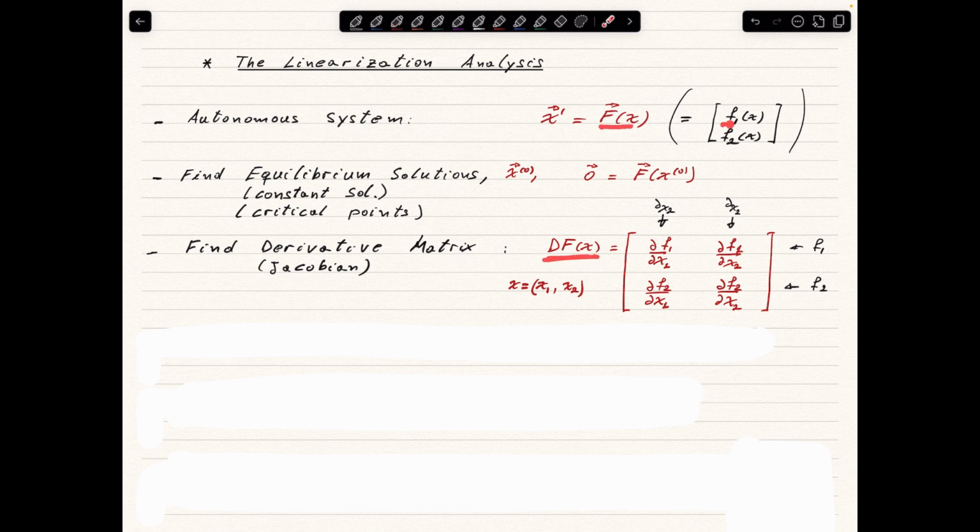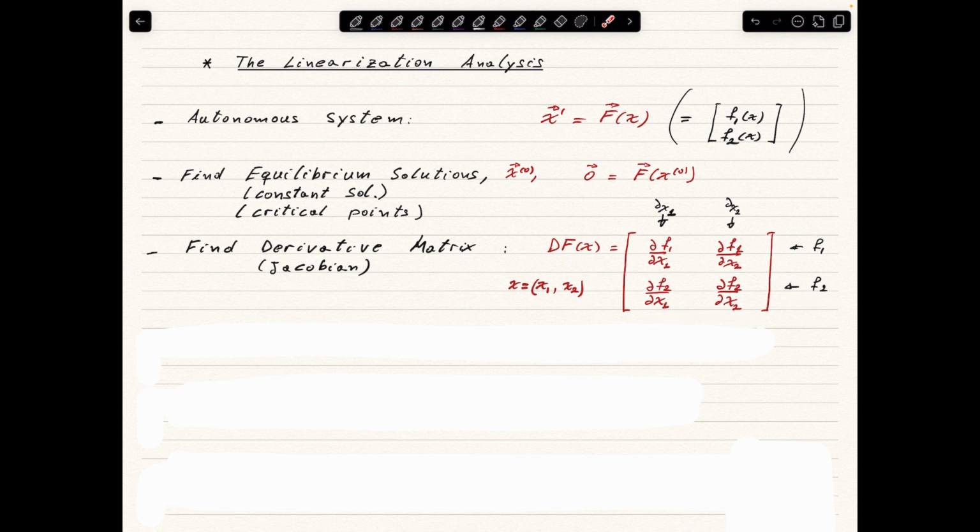We grab each component of the right-hand side of the equation, of the vector field that defines the equation. This is the first component, this is the second, and in the first row of the derivative matrix we compute the derivative with respect to x1 of the function f1, the derivative with respect to x2 of the function f1, and in the second row we do the same but with the second function of the equation.